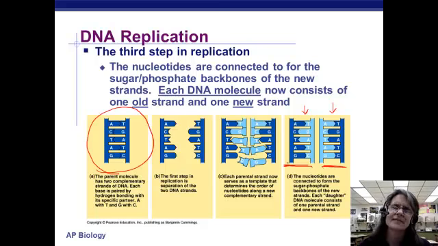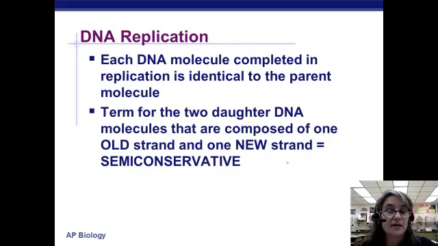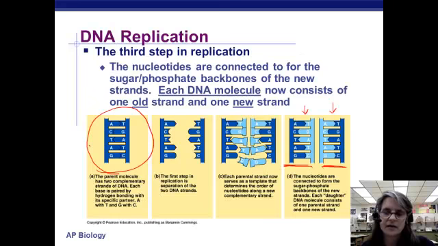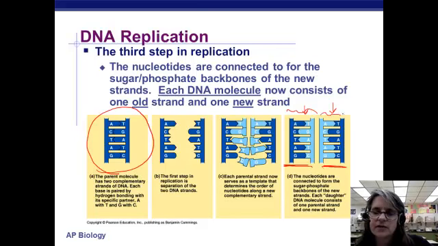Done. Except this is AP biology, and we can't be done with just that. We have to talk about some more nitty-gritty details. I do want you to understand this term. Notice that each new DNA molecule here is made up of half old, original parent DNA and half brand new DNA.